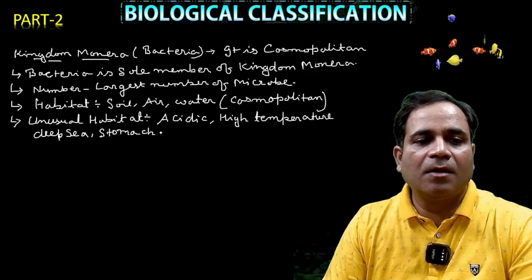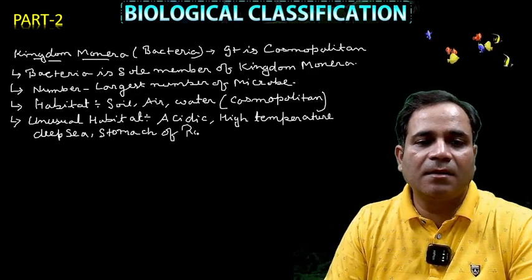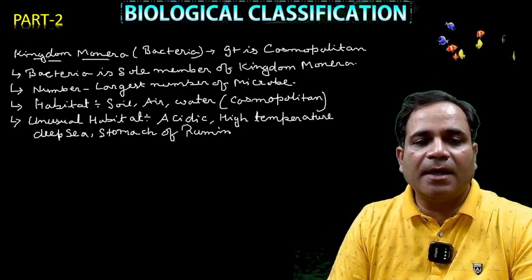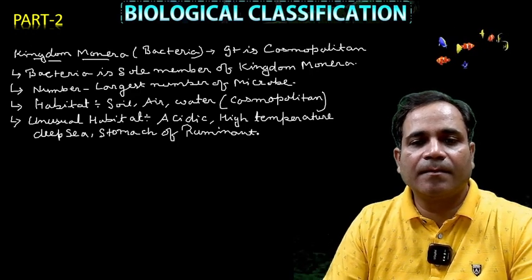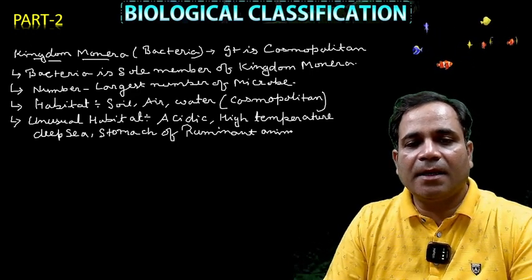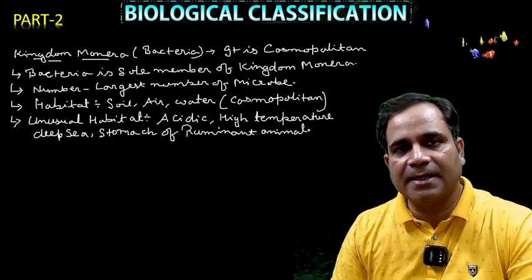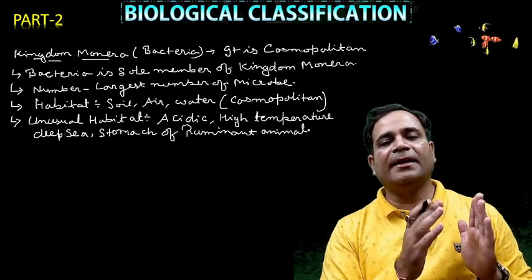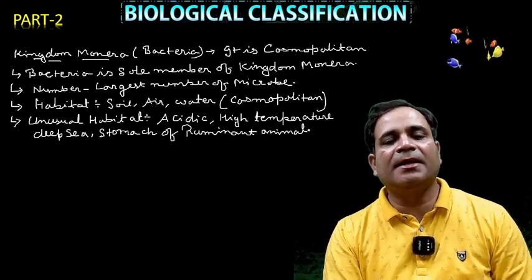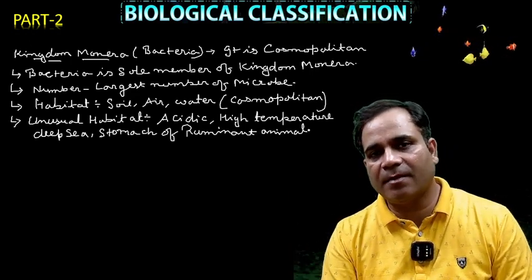Stomach of which animal? Ruminant animal, correct. So the unusual habitats are: it is found in acid also, high temperature also, deep sea also, and the stomach of ruminant animals also.